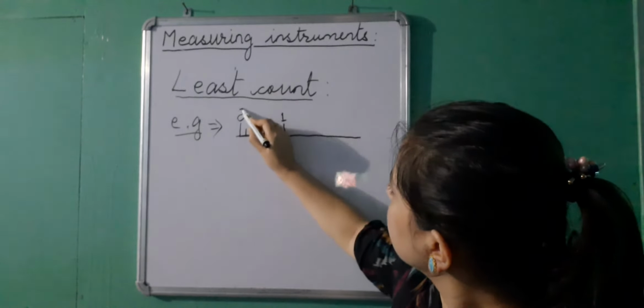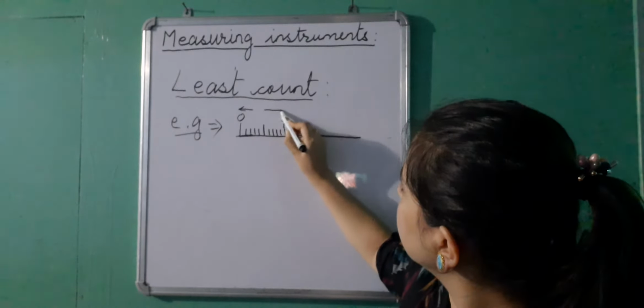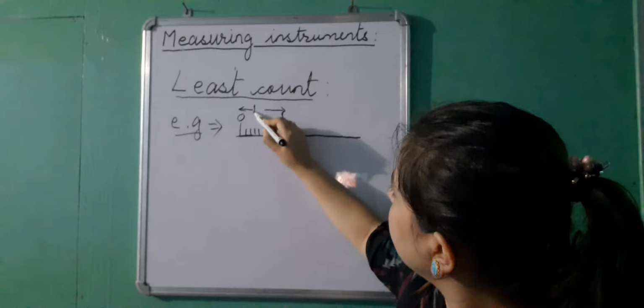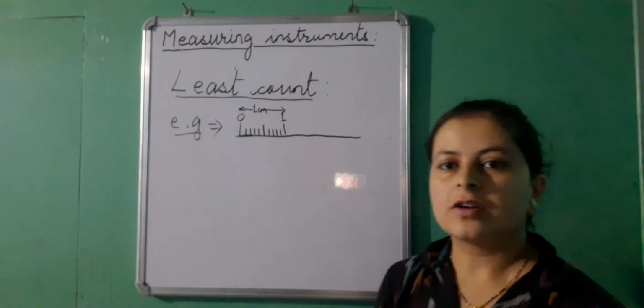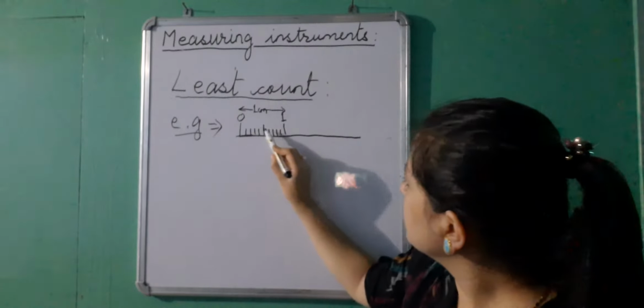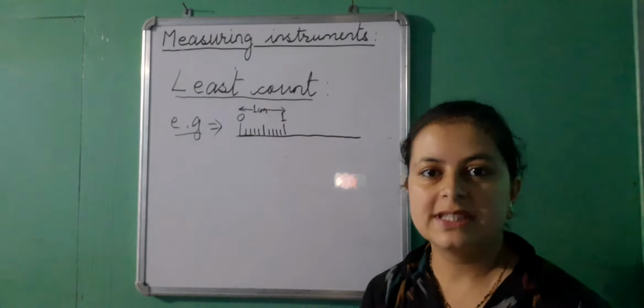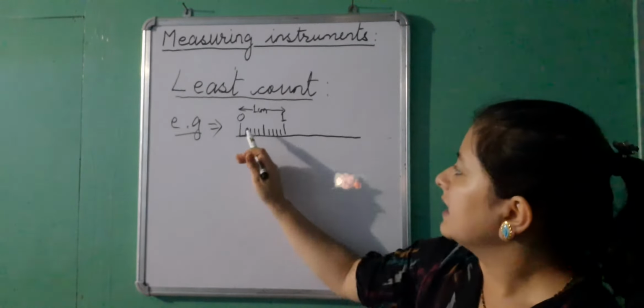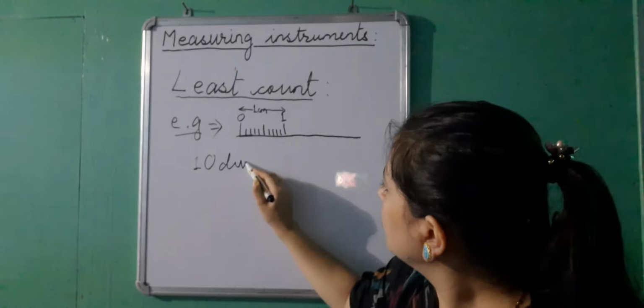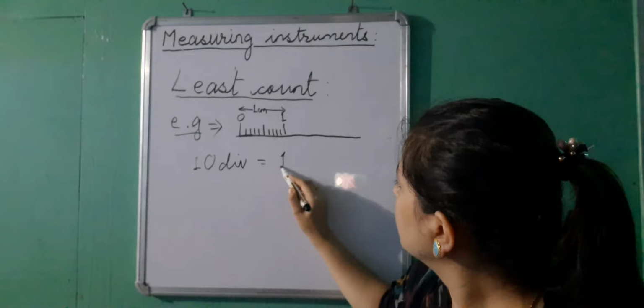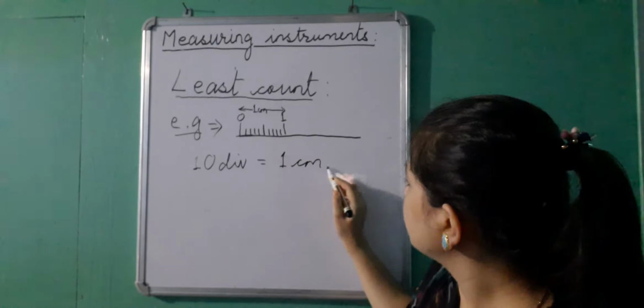Now this interval from 0 to 1 in a meter scale is equal to 1 centimeter. Alright, so when we talk about the 10 divisions in a common scale that we use, the 10 divisions will be giving you a count of a measurement of 1 centimeter.